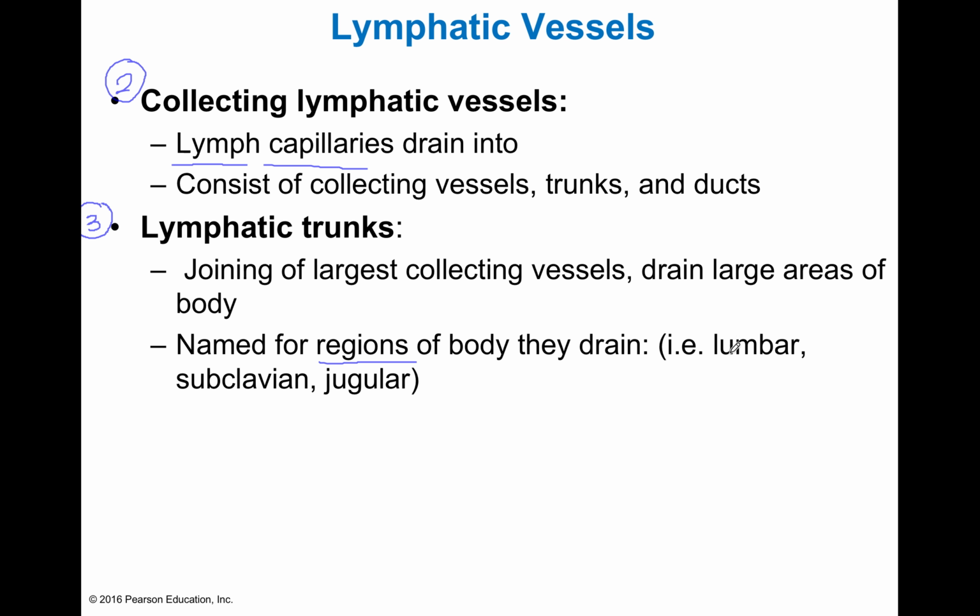For instance, if they are collecting fluid from the back, we refer to them as the lumbar. If they're collecting from somewhere over your shoulder, in the anterior aspect, we would be calling them subclavian. And if you're collecting from the region around your neck, we'll be calling them the jugular lymphatic trunks.